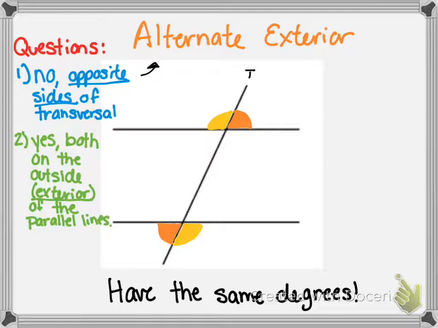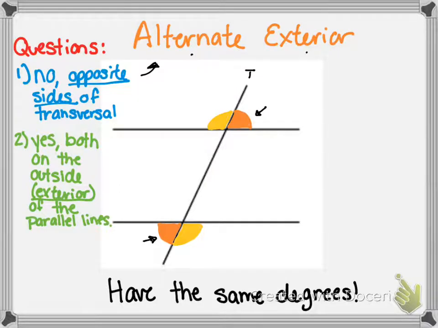The second question to ask yourself is, are they both on the inside or outside of the parallel lines? For this one, they are both on the outside of the parallel lines, so they're not in between them. That means that it is the exterior. Notice how the answers to those questions literally gave us the name alternate exterior angles.